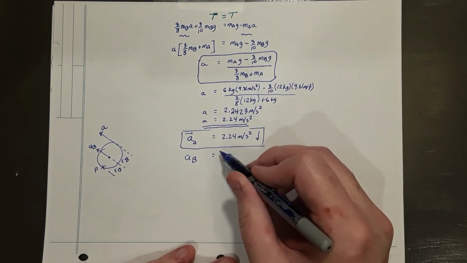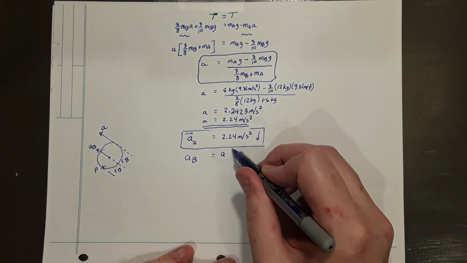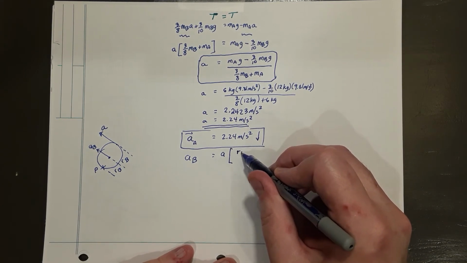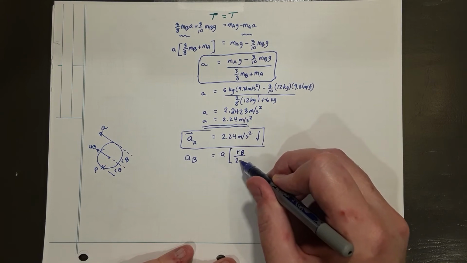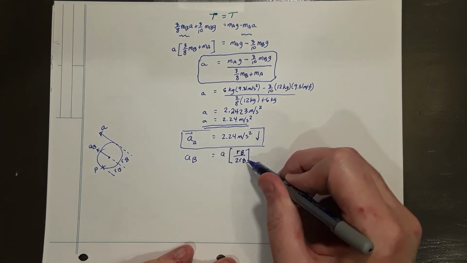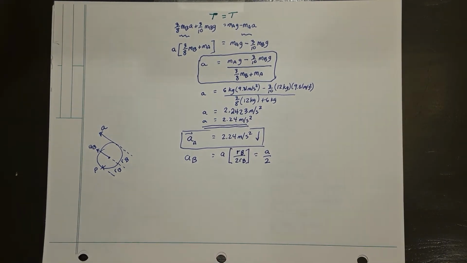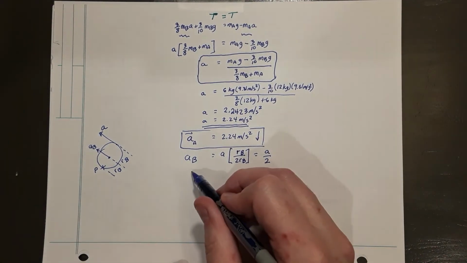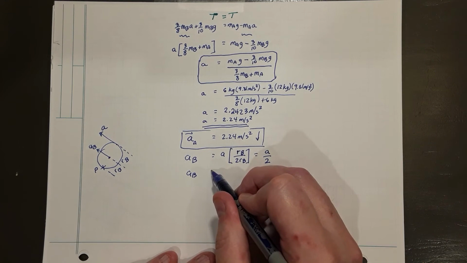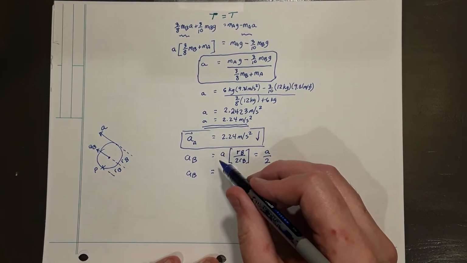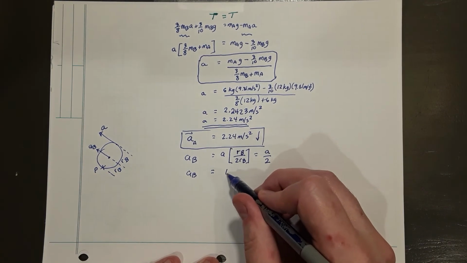So if I take the acceleration that we just found and multiply it by this ratio, RB over 2RB, it'll end up being exactly half of its edge acceleration A. And so we end up with the acceleration of the wheel linearly, its center will be half of this.